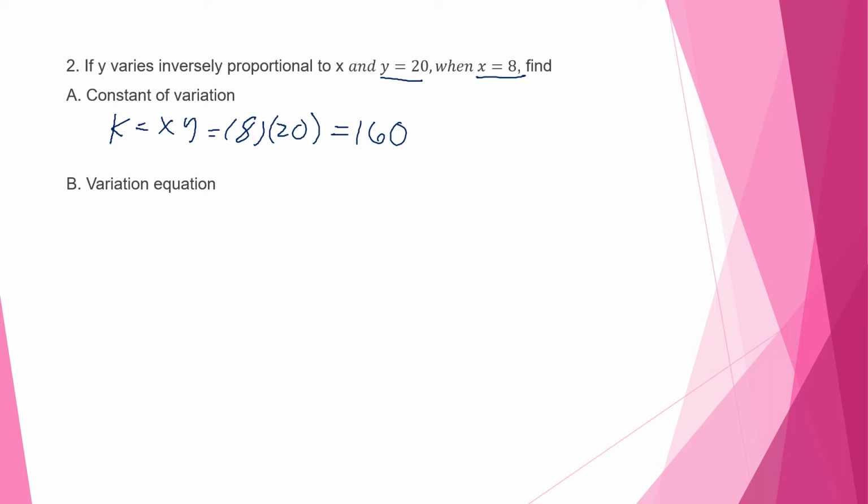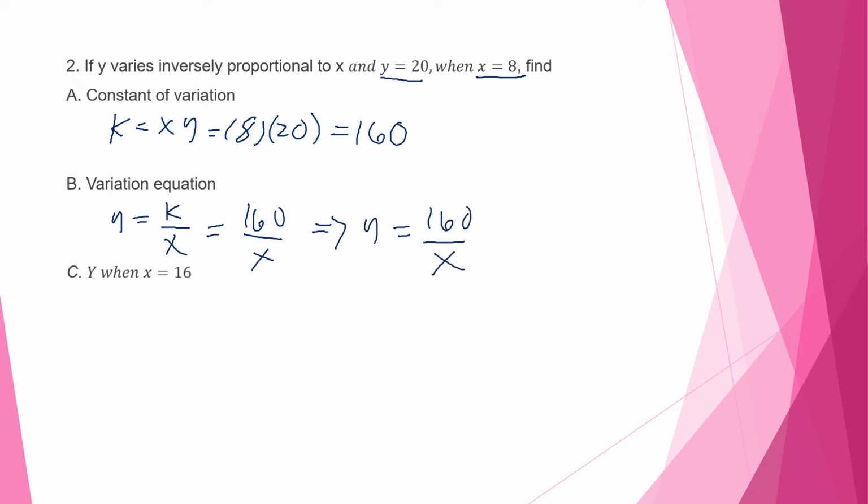Next, we have the variation equation. We just need the other formula, which is y equals k over x. With our k from letter A, we have 160 over x. So this implies that y equals 160 over x. Now letter C: what is y when x equals 16?